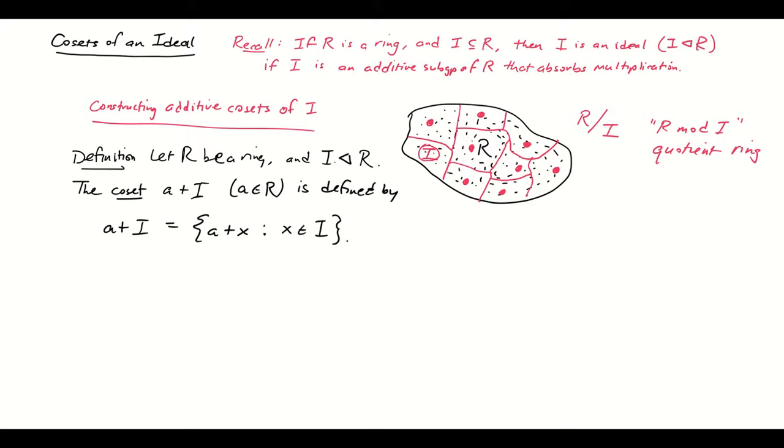So in other words, it's the set of all ring elements that can be written as a plus some element of the ideal.